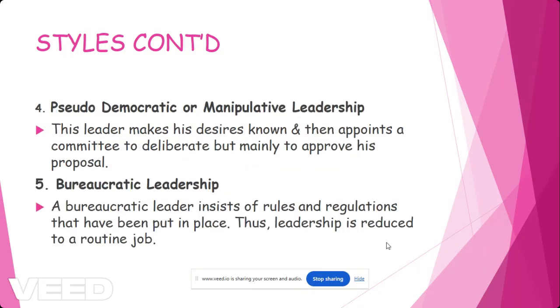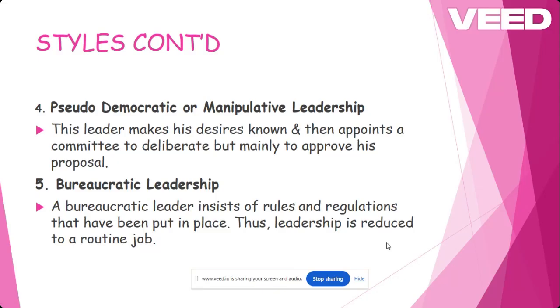Then we have the pseudo democratic or the manipulative leadership, whereby the leader makes his decision known and then works with a committee to deliberate on what he wants, but mainly approves his proposal. He comes up with what is to be done and then comes up with a group of people who are supposed to carry it out.